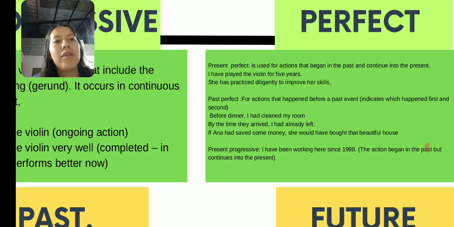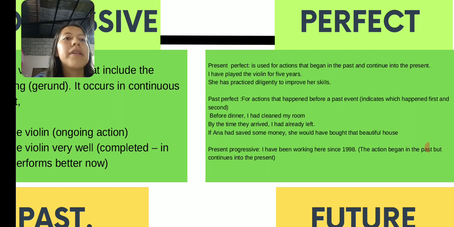If Anna had had a lot of money, she would have bought that beautiful house, or she would have bought different things she wanted to buy. It's important in this aspect.